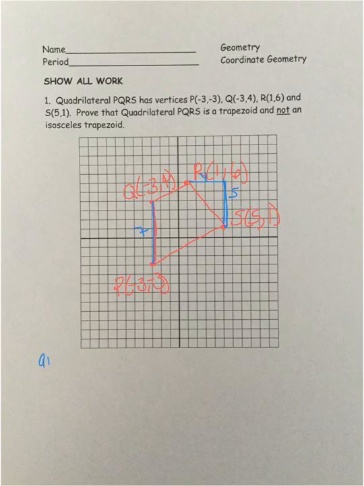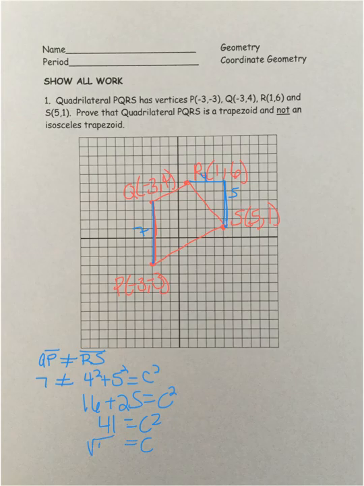So QP is not equal to RS. 4 squared plus 5 squared is equal to c squared. 16 plus 25 is equal to c squared. 41 is equal to c squared. c is equal to the square root of 41, which clearly is not equal to 7.